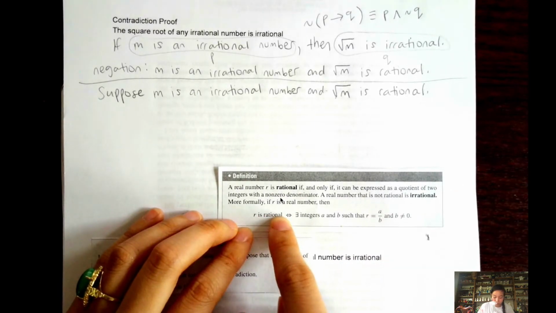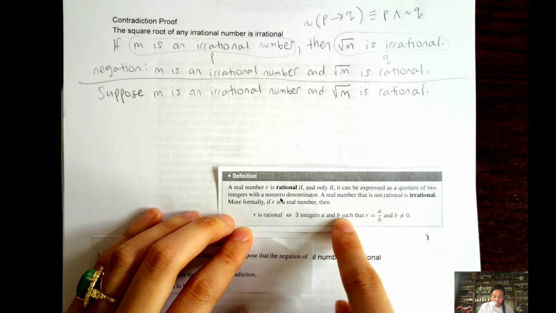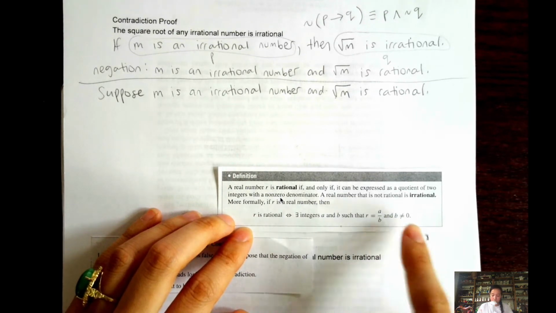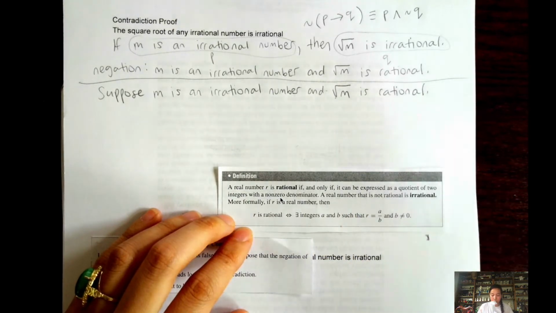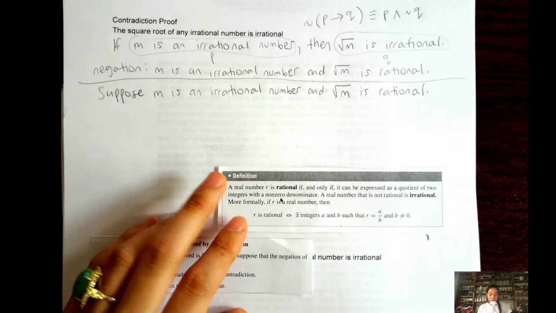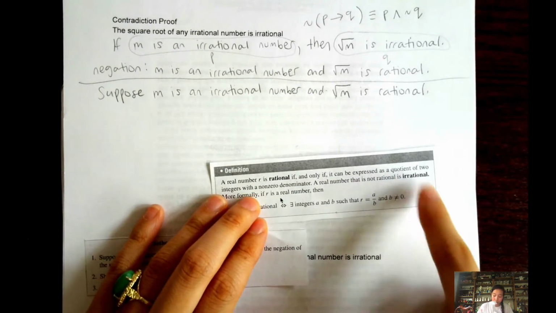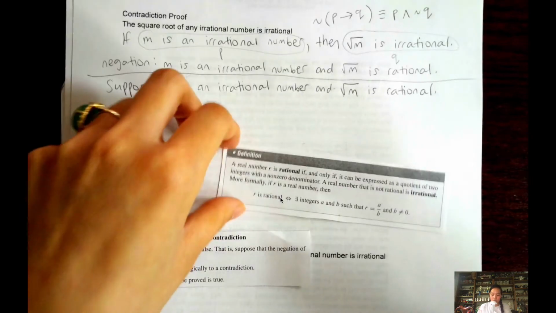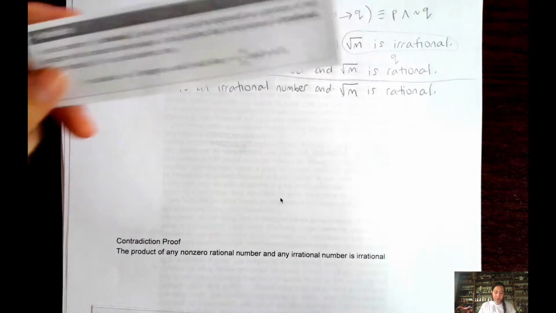So r is rational when there exists an integer a and an integer b such that r equals a over b and b is not equal to 0. We don't have that much to work with for irrational, because the definition just says it's a number that's not rational. So we want to focus on rational, since it has a more descriptive definition.